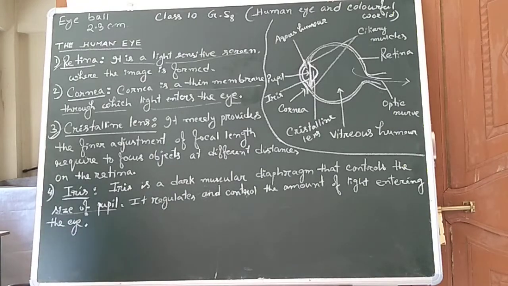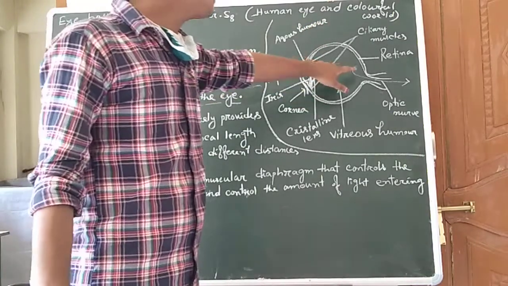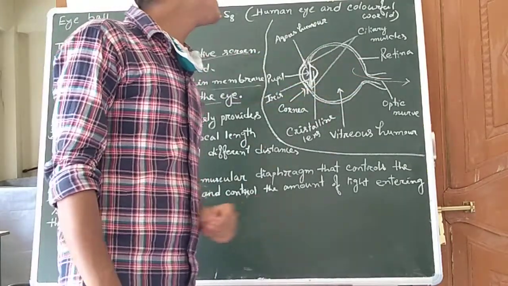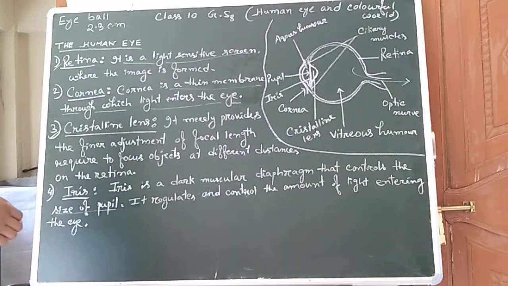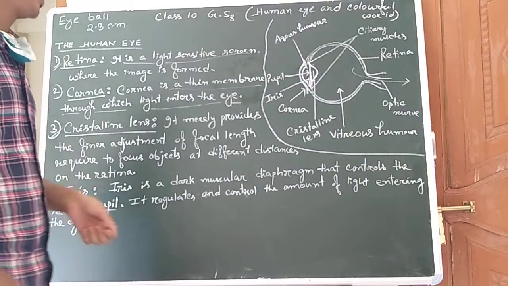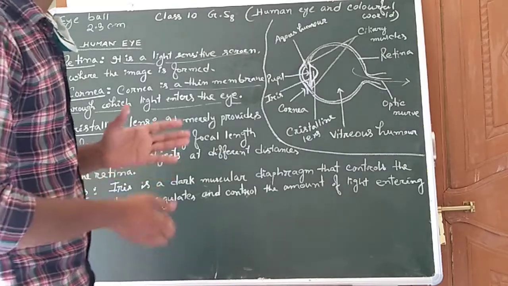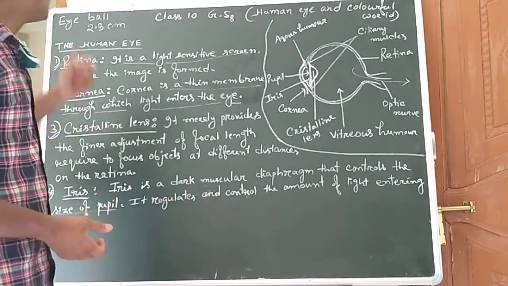So what is retina? Here see the eyeball, the inner lining of this eyeball is called retina, and it is a light sensitive screen where the image is formed. We can see an object after the image is formed inside our eye, and this image is formed at the retina.